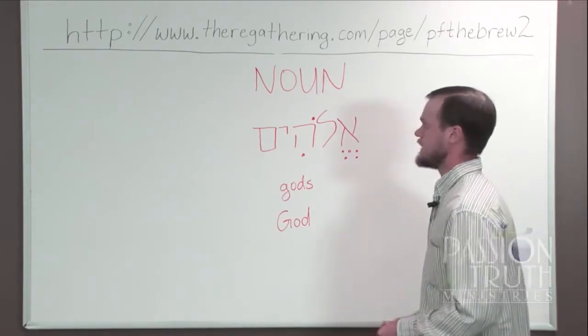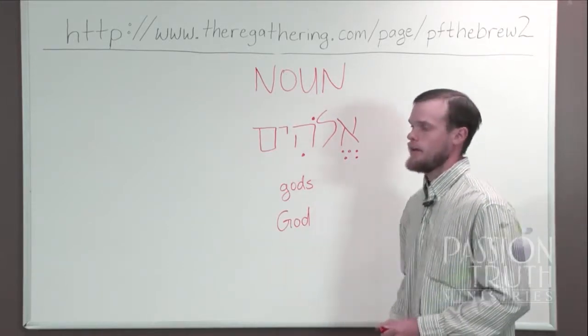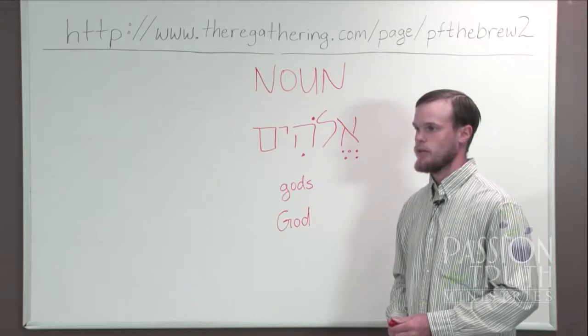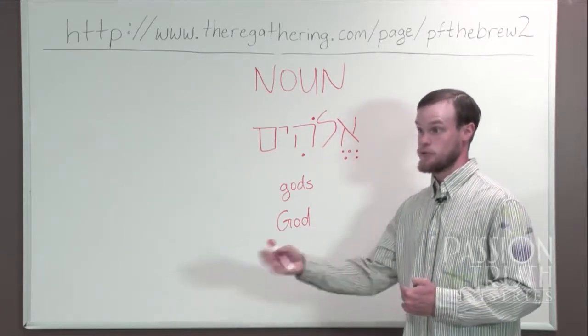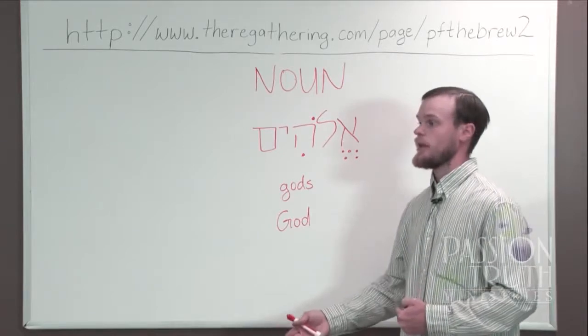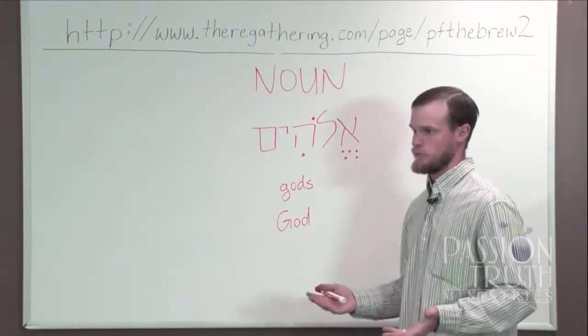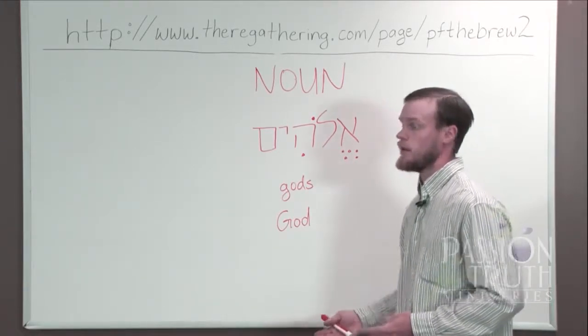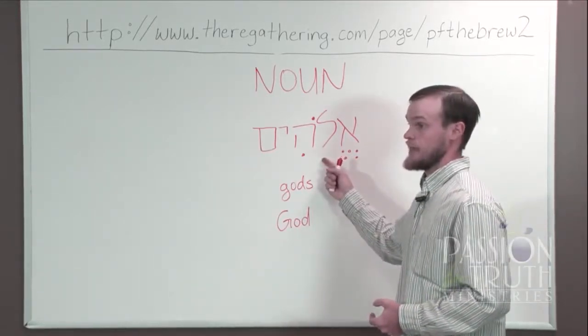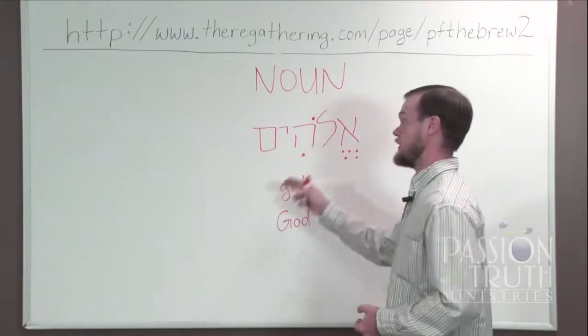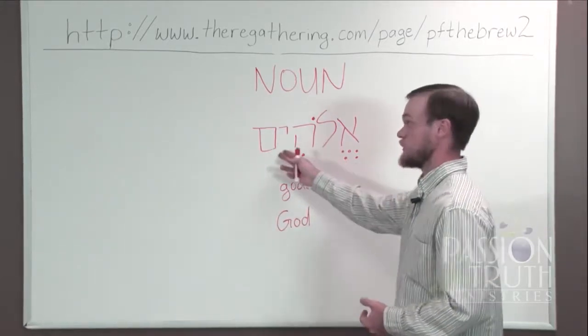So in Hebrew, if you have a singular noun, or a singular subject of a sentence, then whatever verb that noun is performing has to be in the singular form. Verbs have different forms, singular and plural as well. And so whenever it's referring to the God of Israel, the verbs attached to it are in the singular form, so that's how we know it has to be a singular noun, regardless of what the ending looks like.